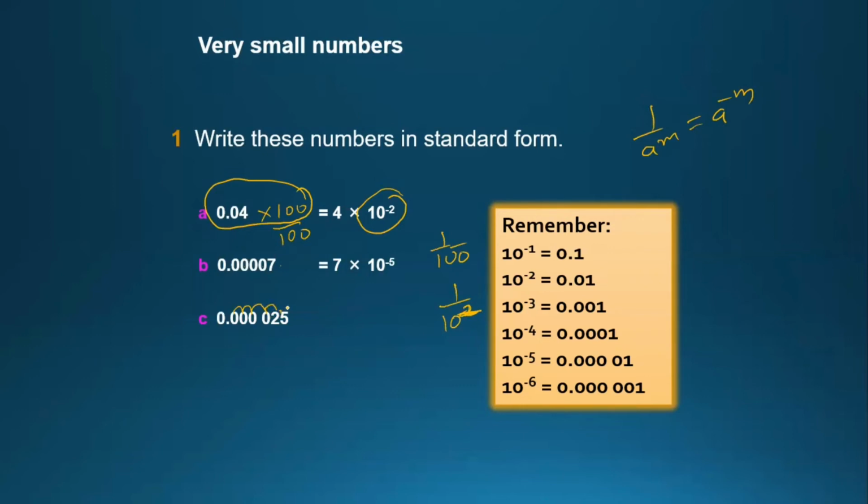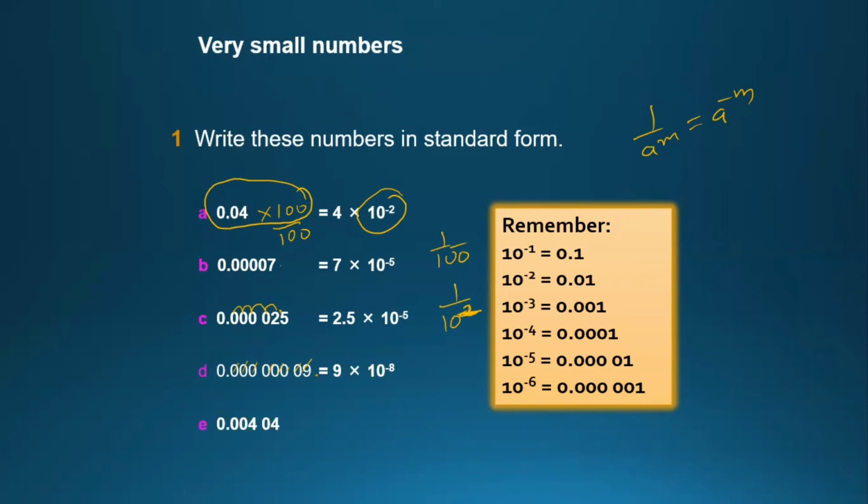The decimal will shift over here. So this is going to be 2.5 into 10 to the power minus 5. Next, 0.000000009. The decimal should shift over here. Count the decimal places: 1, 2, 3, 4, 5, 6, 7 and 8. So this is going to be 9 into 10 raised to minus 8.